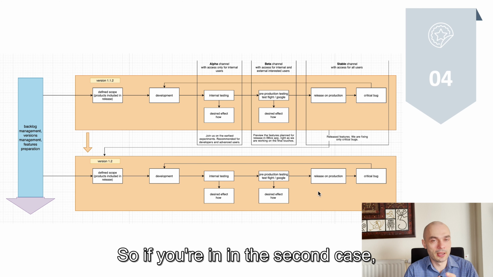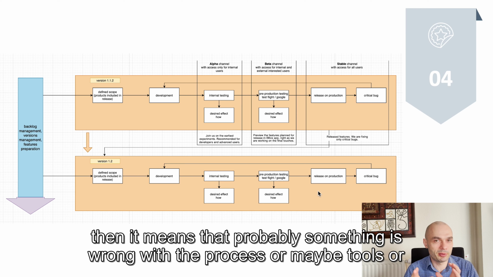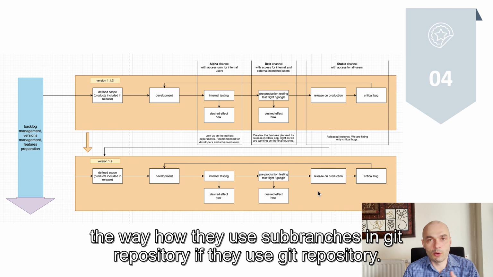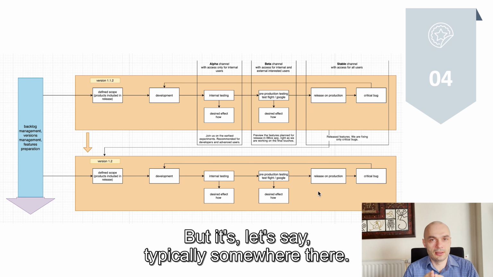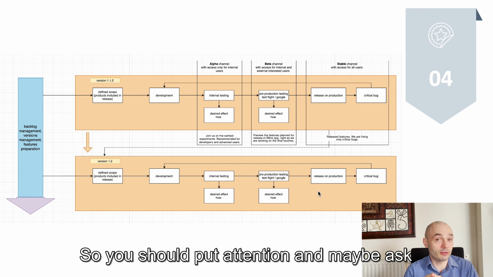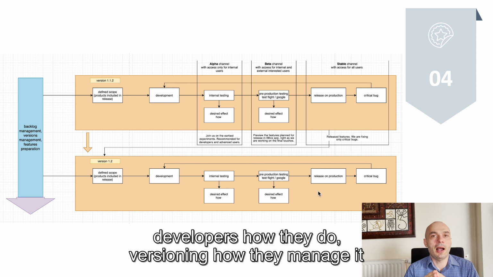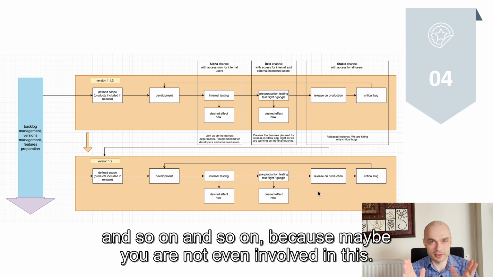If you're in the second case, then it probably means that something is wrong with the process, or maybe the tools, or the way they use branches in the Git repository, if they use one. It's typically somewhere there, so you should pay attention and maybe ask developers how they do versioning, how they manage it, and so on. Because maybe you're not even involved in this.